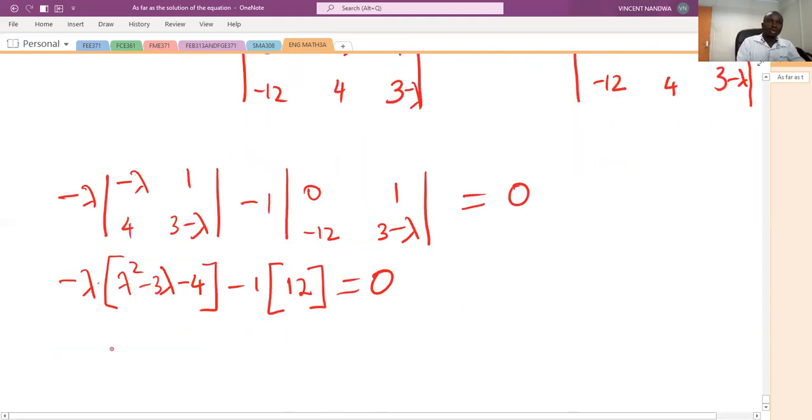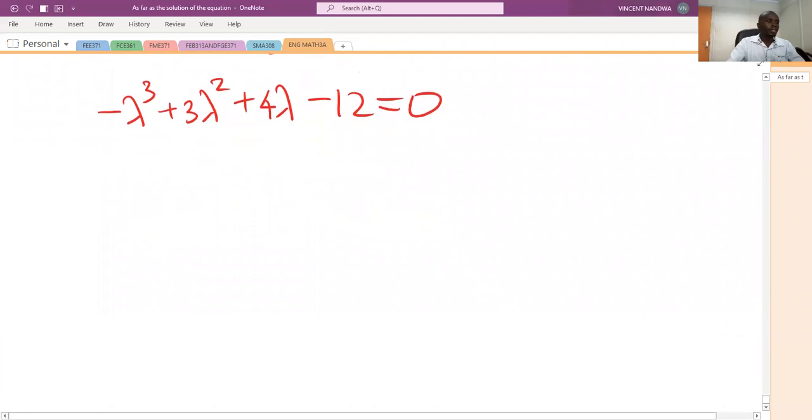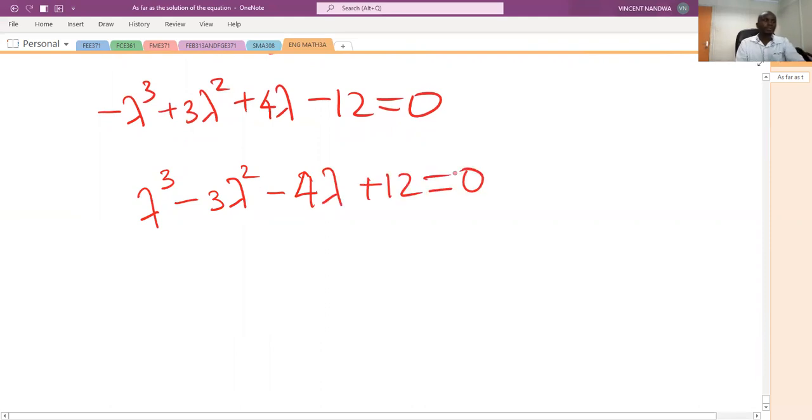That will give us minus lambda cubed plus 3 lambda squared plus 4 lambda minus 12 equals 0. And then we can divide through by negative 1 to get lambda cubed minus 3 lambda squared minus 4 lambda plus 12 equals 0. So this is the characteristic equation.